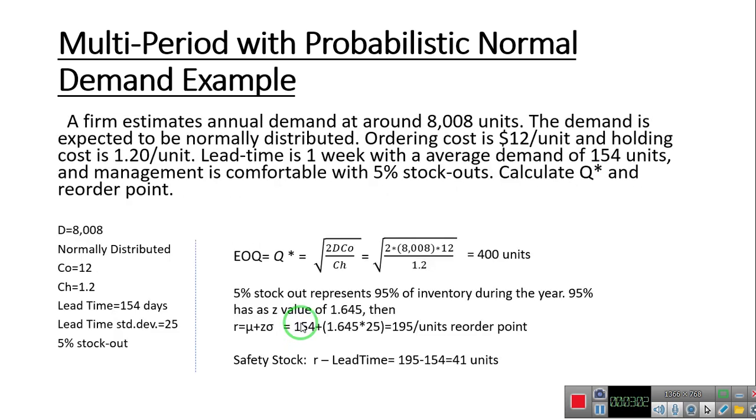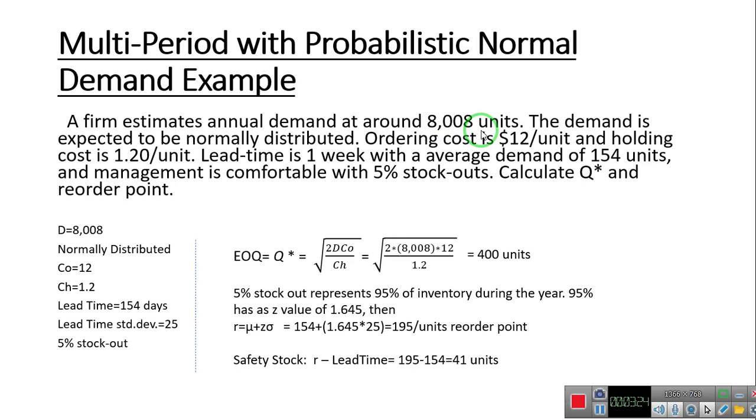Let's take a look at this situation with a problem. This firm estimates annual demand of around 8,008 units. The demand is expected to be normally distributed. Ordering cost is $12, and holding cost, your CH, is $120 per unit.